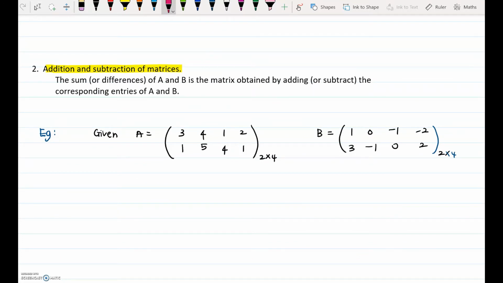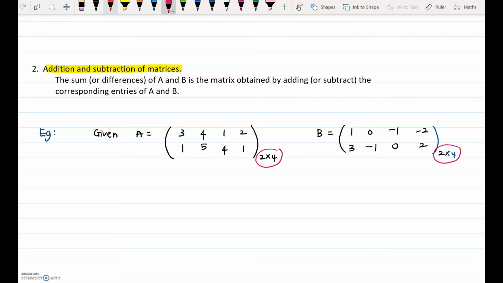Given A is 3 4 1 2 1 5 4 1, a 2 by 4 matrix, and B is 1 0 negative 1 negative 2 3 negative 1 0 and 2, with the same size, that is 2 by 4. So you have to add or subtract the corresponding entries of A and B.